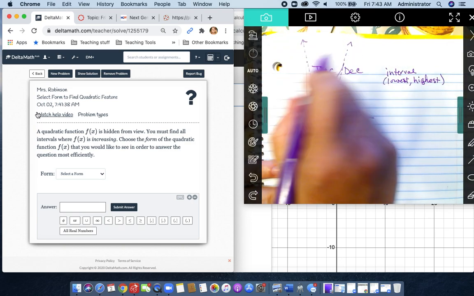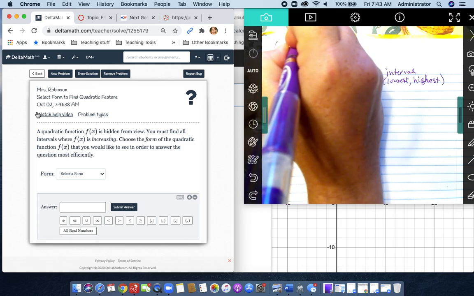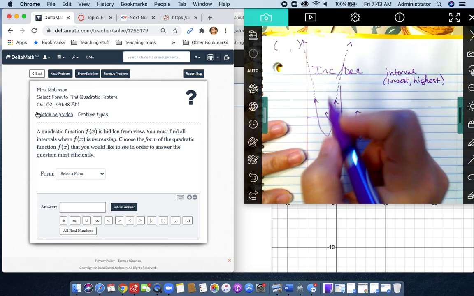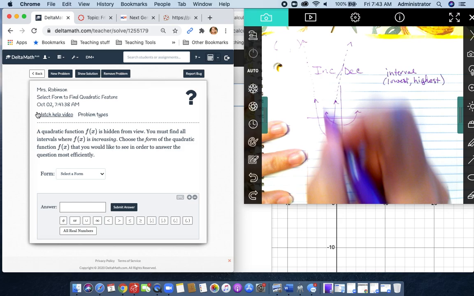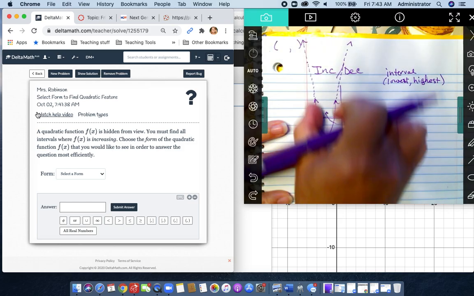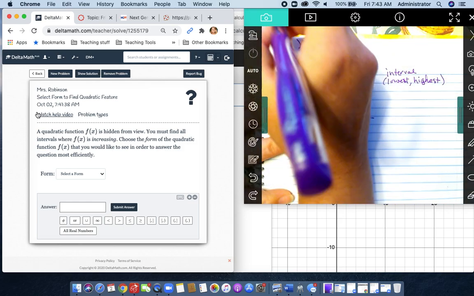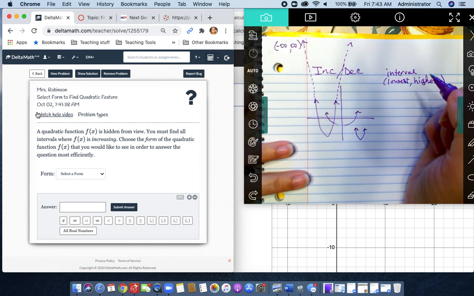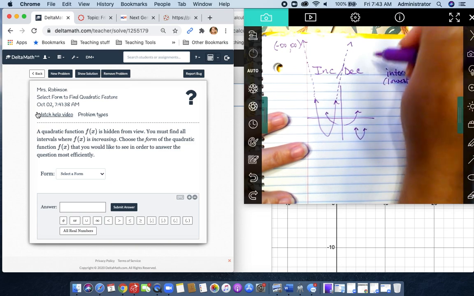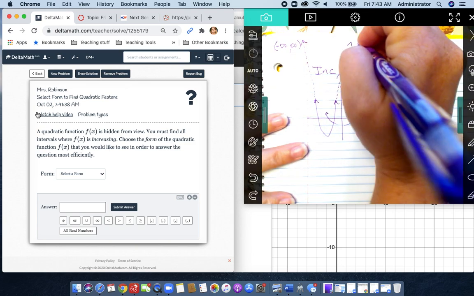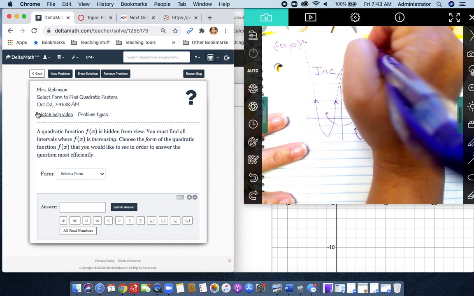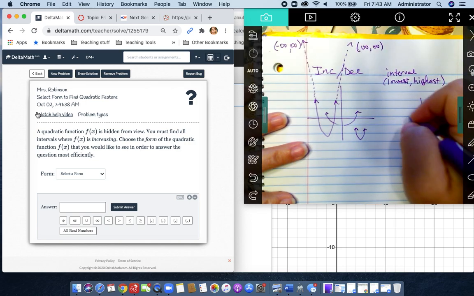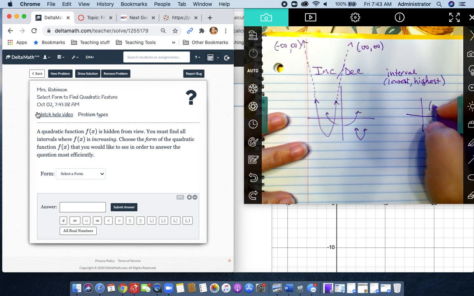So on the ends of these arrows, you're going to write what I call infinity ordered pairs. In quadrant 2, if it's opening up, this left arrow, the x value is towards negative infinity and the y value is towards positive infinity. Over here in quadrant 1, that's positive, positive. So this requires you to remember what the signs are in every quadrant.